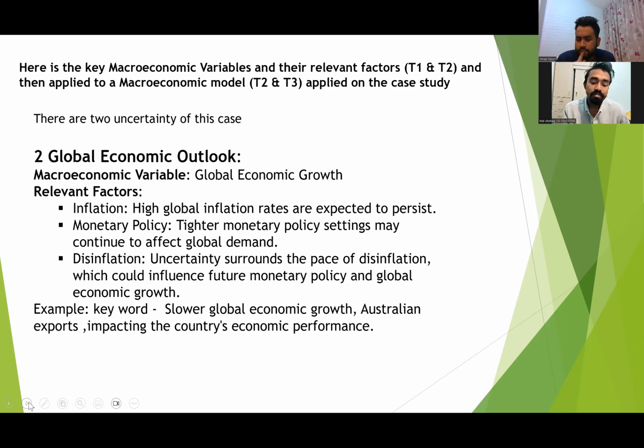For example, slower global economic growth is expected over the next 2 years due to high inflation and tight monetary policies, leading to reduced demand for Australian exports and impacting the country's economic performance. These factors contribute to the uncertainty in the Australian economic outlook. The interaction between household spending and global economic conditions has implications for the overall health of the Australian economy.